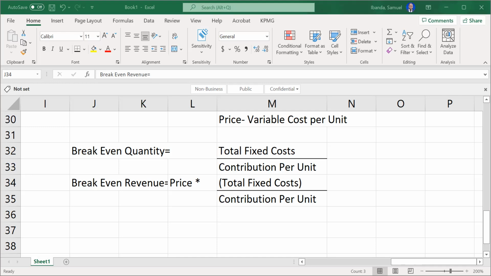Example of calculating the break-even quantity or the break-even point.